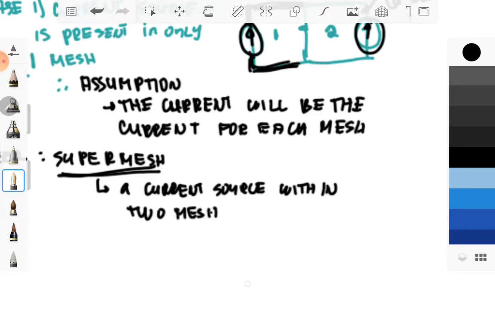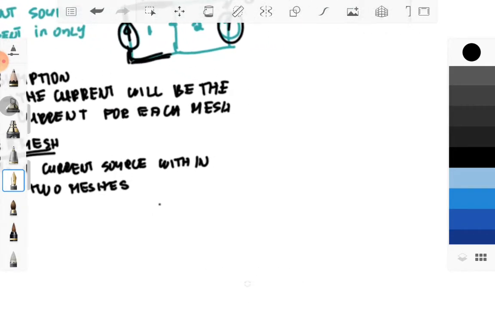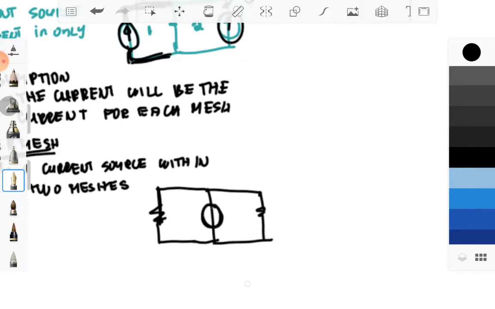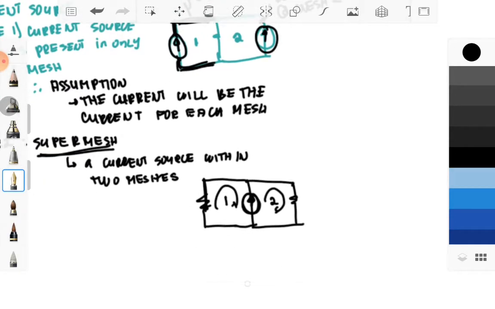Meaning, ito yung namamangka sa dalawang ilog. Okay? So, if this will be your circuit, let's say this is a resistor, another branch here, another branch here. Ito yung tinatawag nating super mesh. A current source can affect both your mesh 1 and mesh 2. So, dyan pumapasok yung super mesh natin.